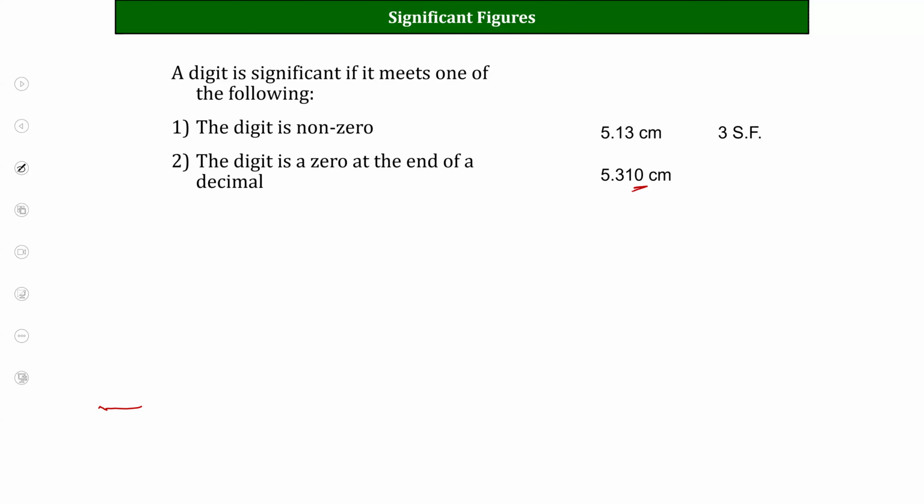We're only writing it there because it was measured. If it's a 0 between two non-zero digits, well, that had to get measured too. If I measured the 5 and I measured the 4, I had to measure the 0 too. Makes sense, right?